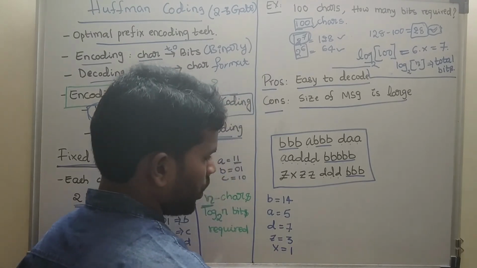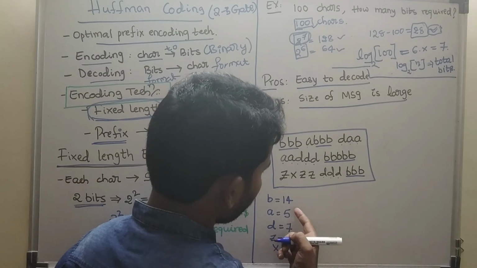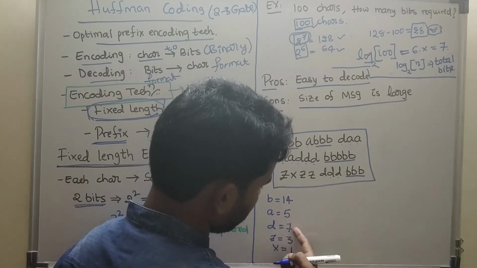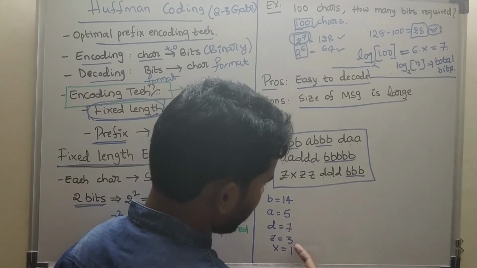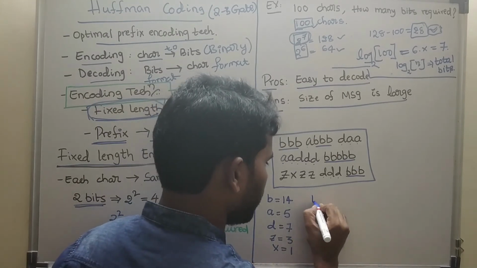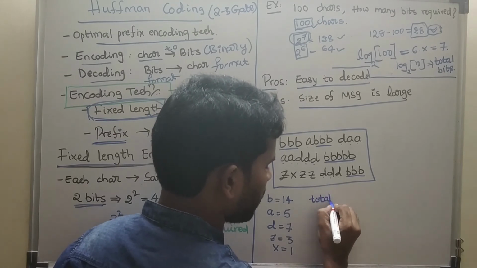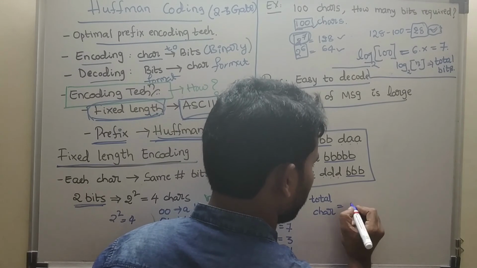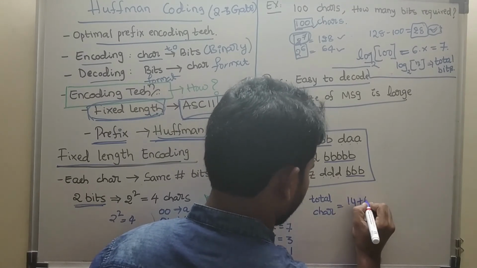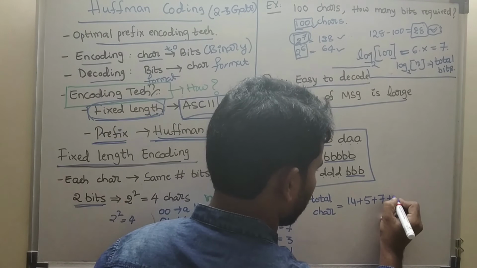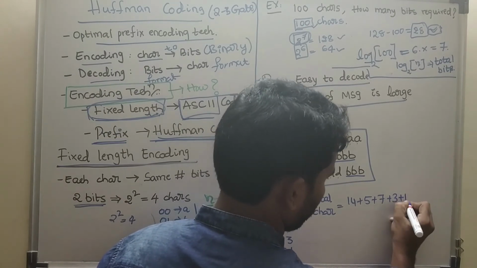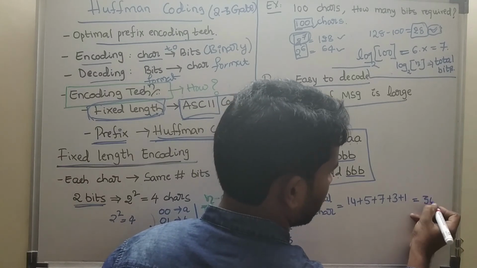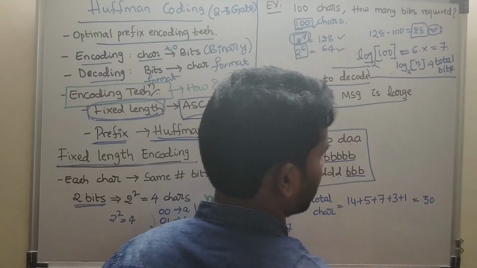So in total how many characters are there? 19, 26, 29, 30. Total characters equal 14 plus 5 plus 7 plus 3 plus 1, which implies total 30. Total 30 characters are available.